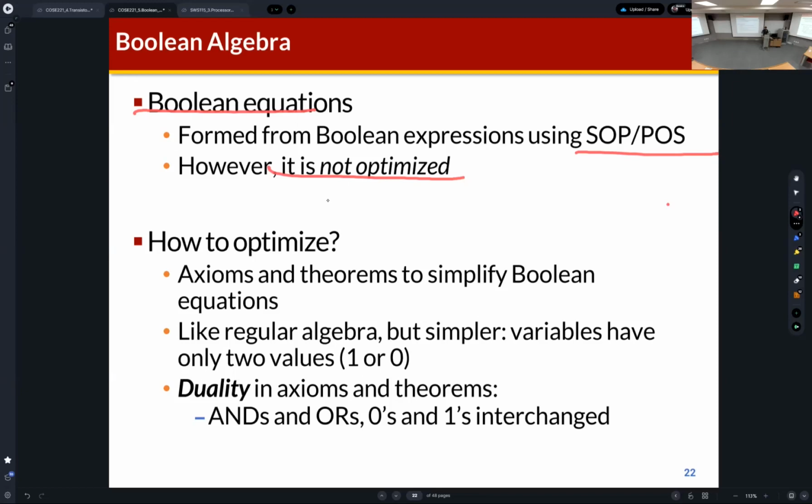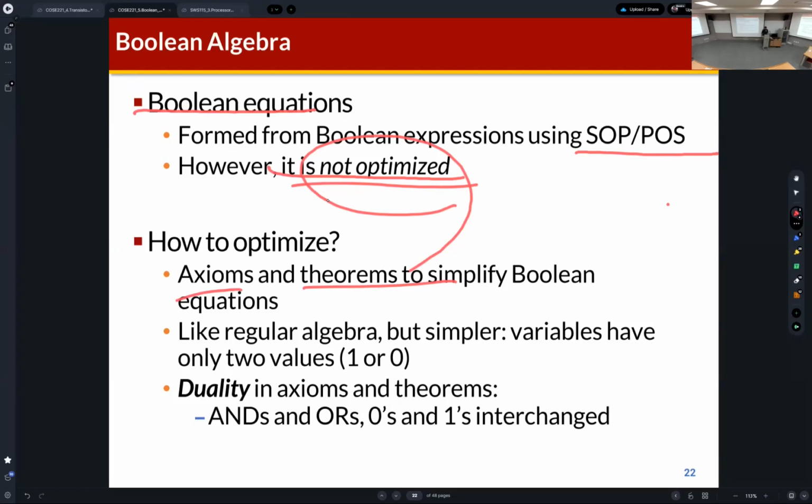Which means we can generate a simpler Boolean equation from the truth table, but when SOP or POS forms are first generated, these equations are not optimized. So we will learn how to optimize Boolean equations using some axioms and theorems.